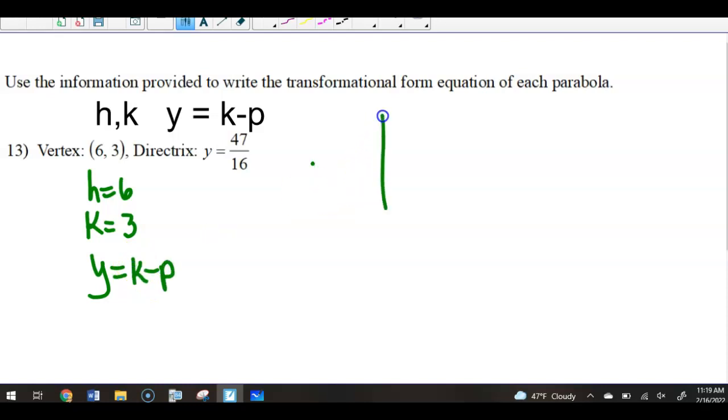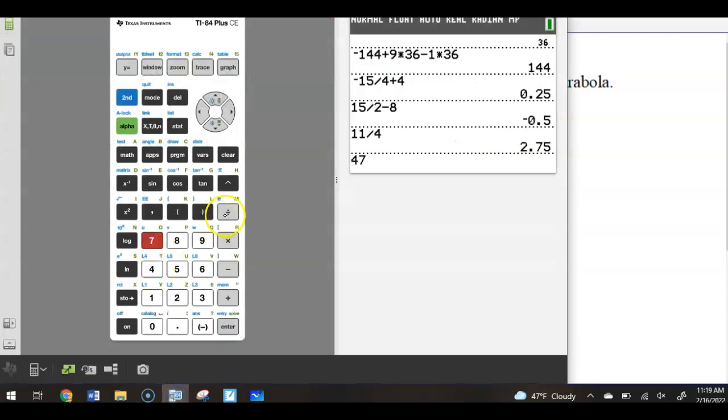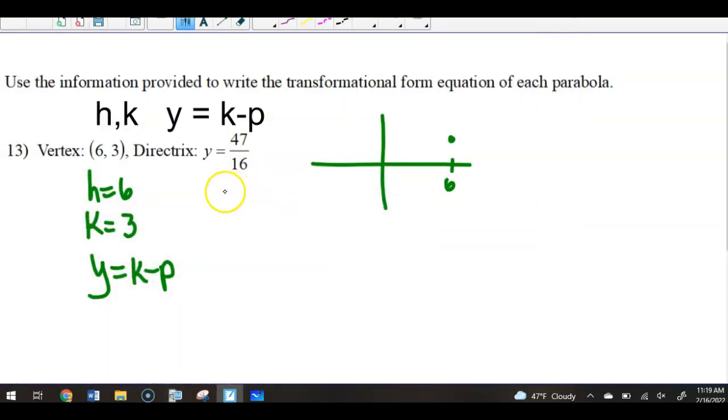All right, if I were to graph it, over 6 and up 3 would be up in here, and 47/16 is 2.9375. That's disgusting. Okay, so if we went over 6 and up 3, and then we had a line at y equals just below 3, it's going to open up.